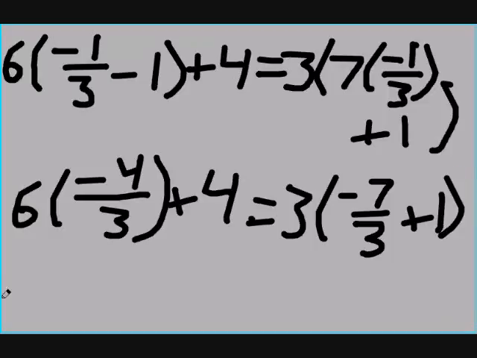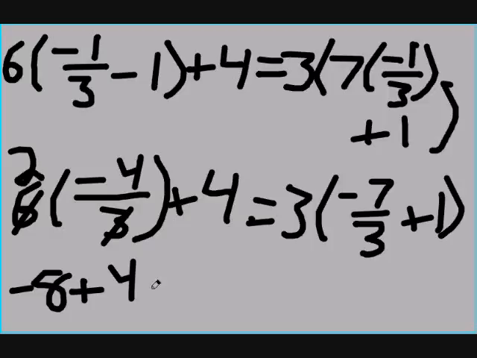If I multiply this, 6 times negative 4 over 3, the 3 cancels with the 6, leaving a 2. Negative 4 times 2 is negative 8. I have a plus 4 equals, now negative 7 over 3 plus 3 over 3. Negative 7 plus 3 is negative 4. So I still have a 3 on the outside, and on the inside I get negative 4 over 3.